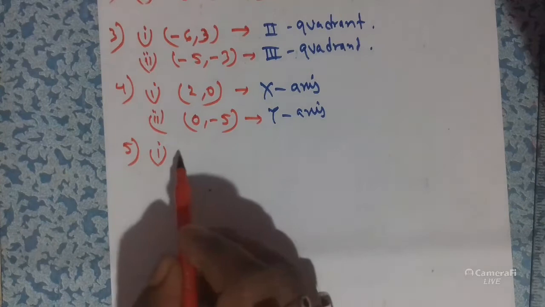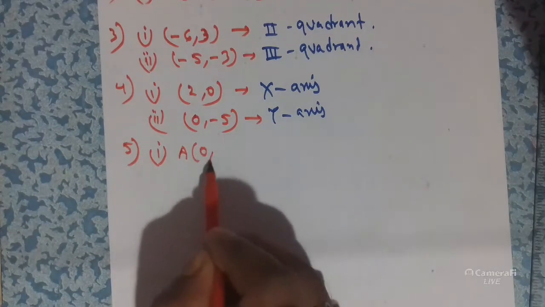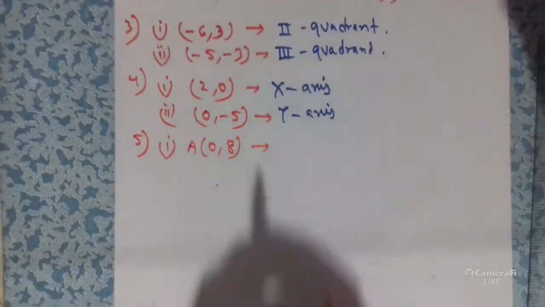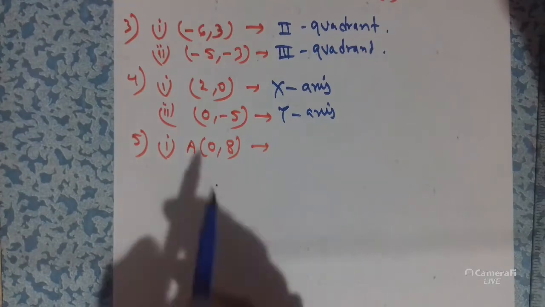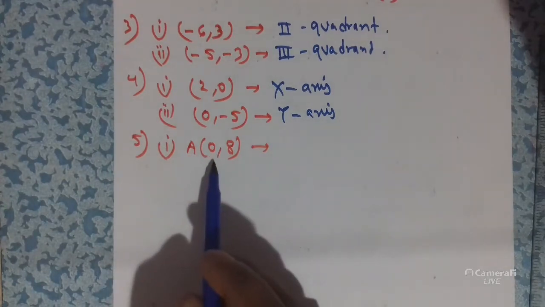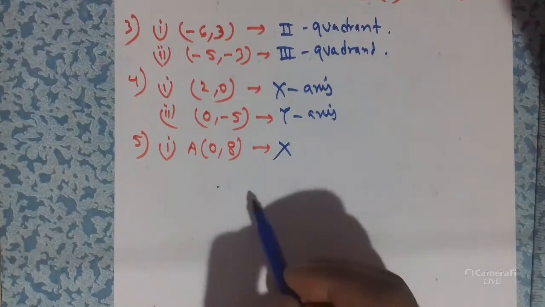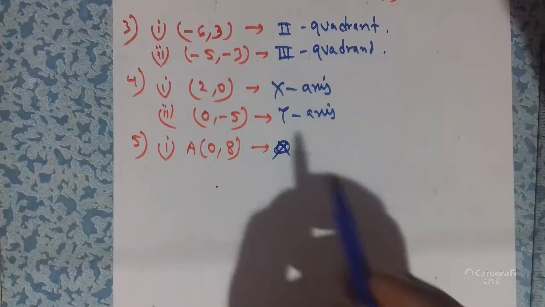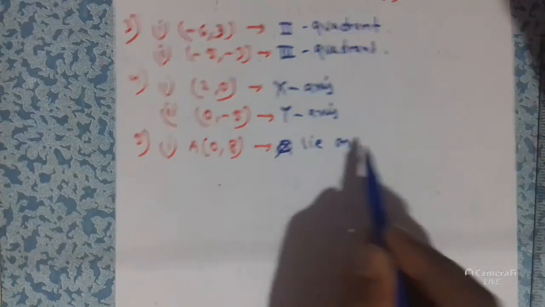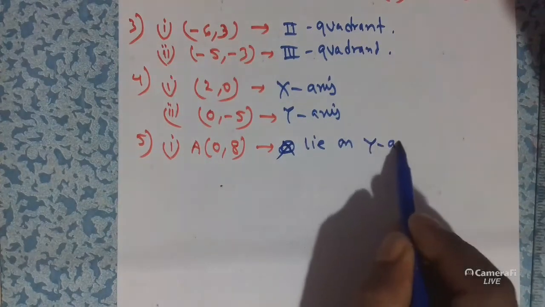So first point is A (0, 8). Here you can see that the value of x is 0. So that means it will lie on the y axis, so that means it is wrong.